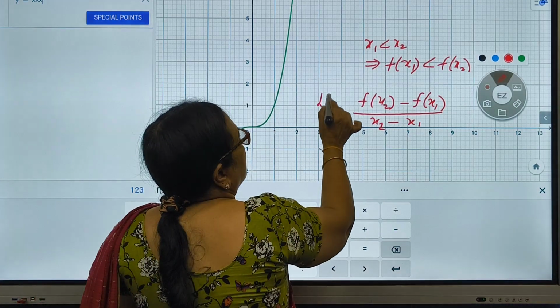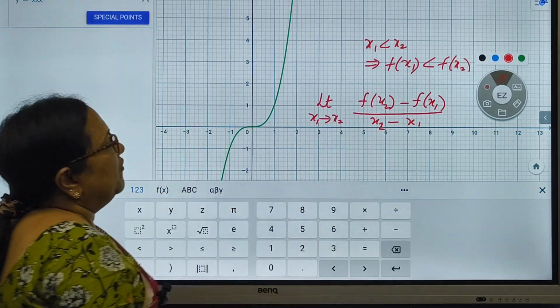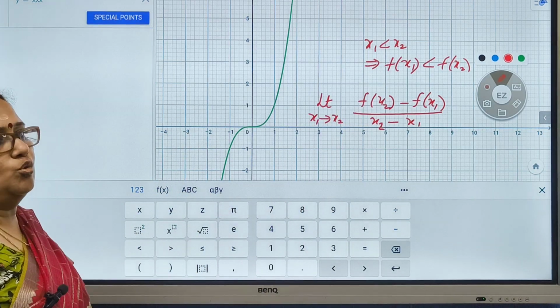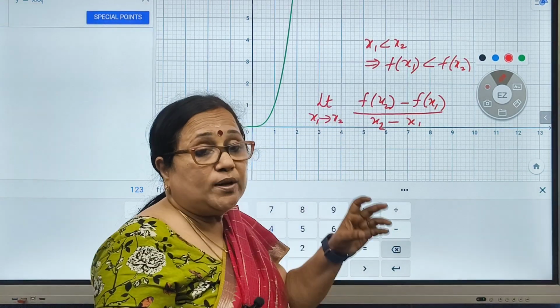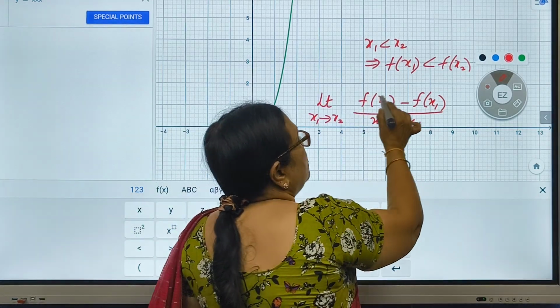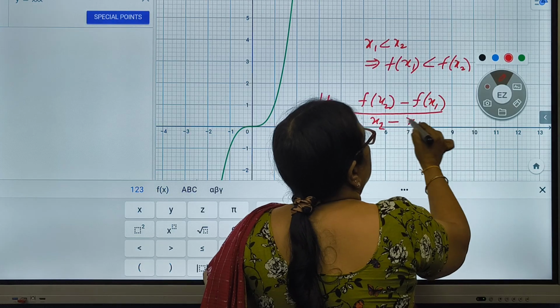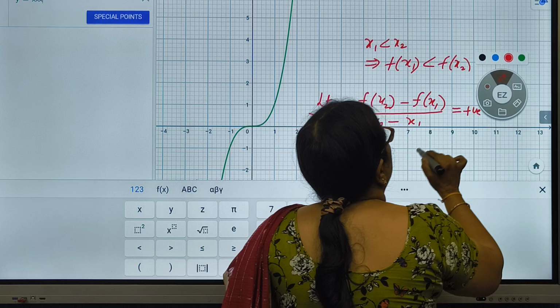Now look at limit x1 tending to x2. When you tend x1 to x2, what is going to happen? I mean, x1 is not equal to x2, it's only becoming closer and closer to x2. Now, f of x2 minus f of x1 is positive. This is also positive. Therefore, this is a positive quantity.